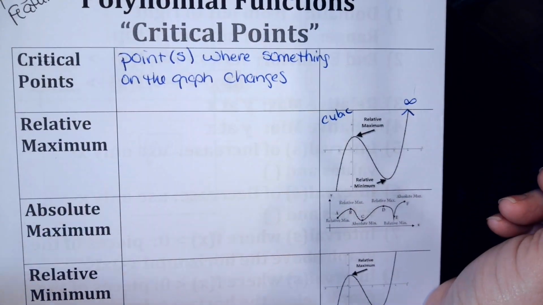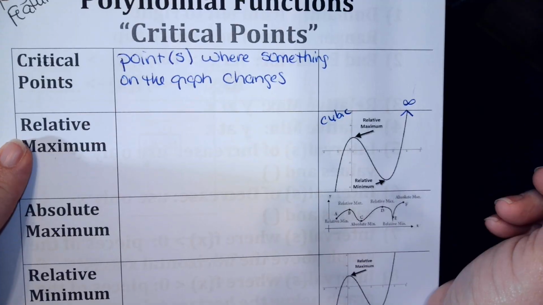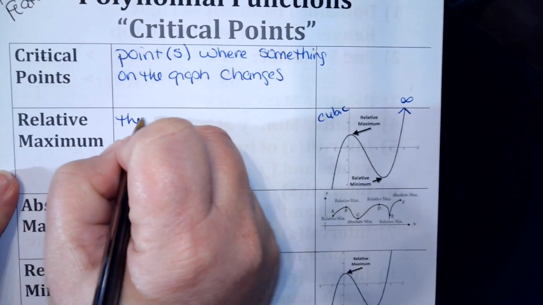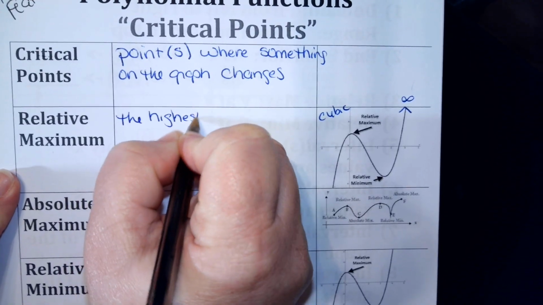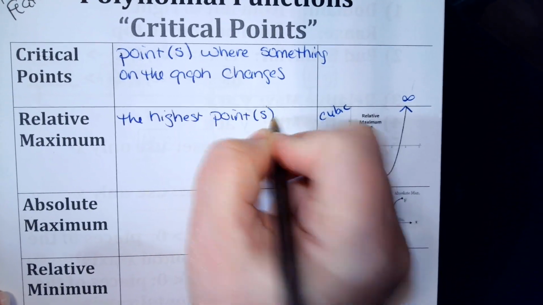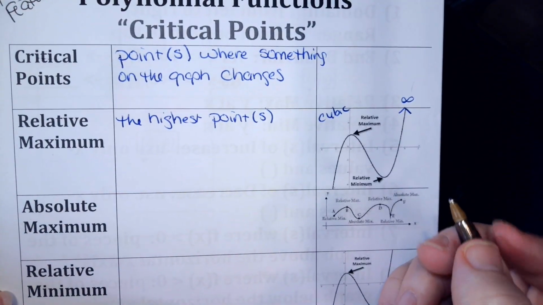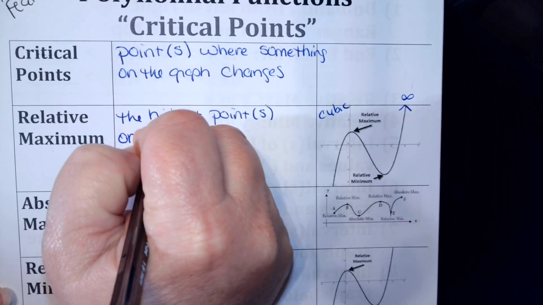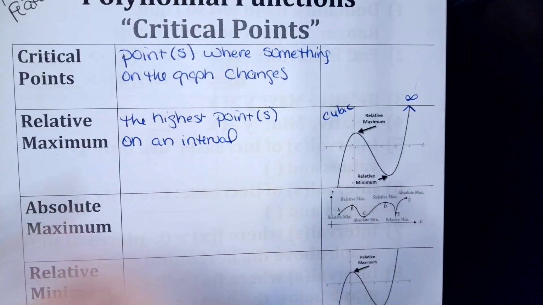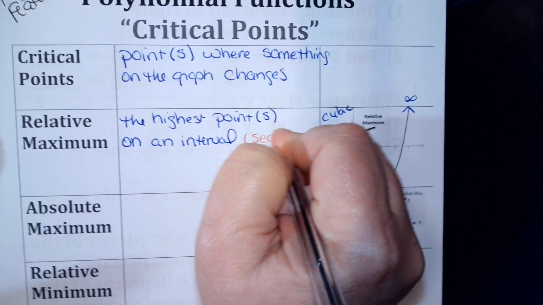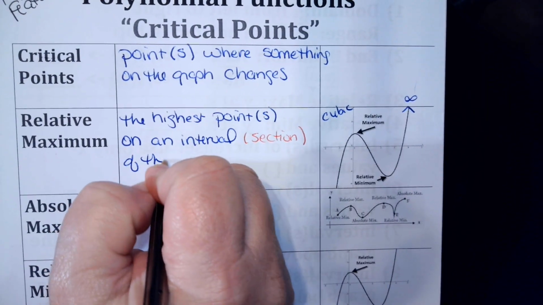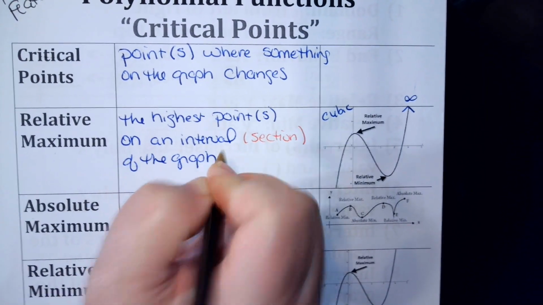So in order to look at maximums, we look at what is called a relative maximum. A relative maximum is simply the highest point, or it could be points, so you could have more than one relative maximum, on an interval, and we can also call an interval a section of the graph.